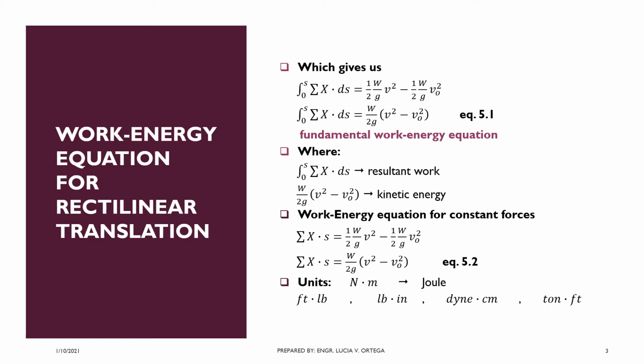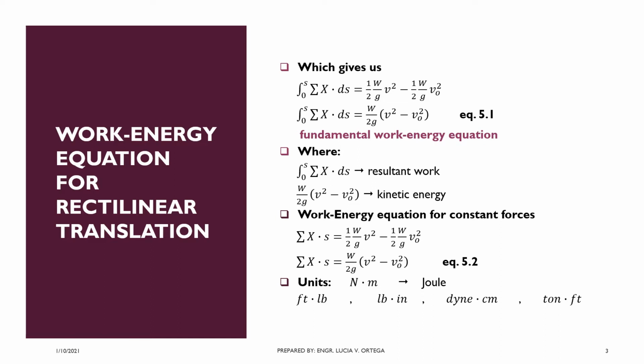If the force acting on a body is constant, we can write the equation as: net force times distance is equal to the change in kinetic energy. So we have here equation 5.2. What is the unit of work?